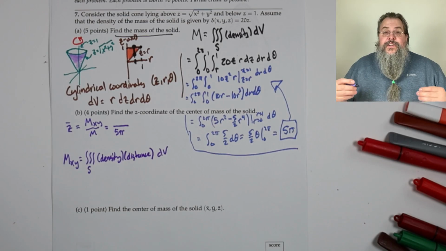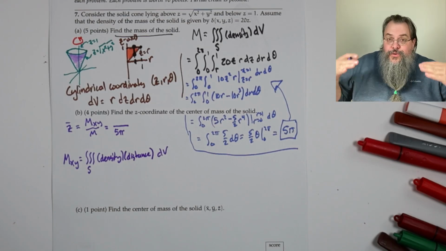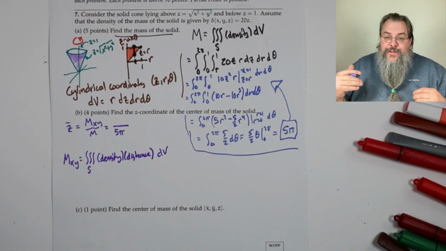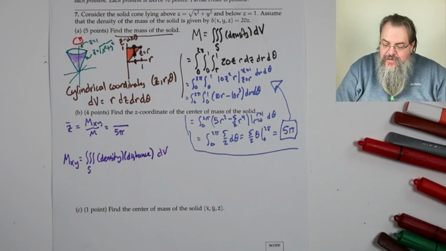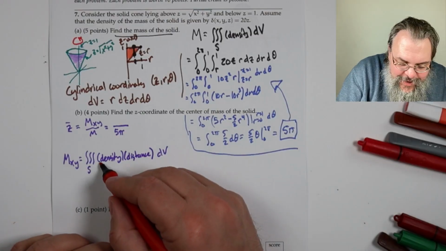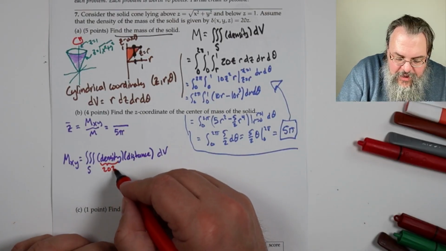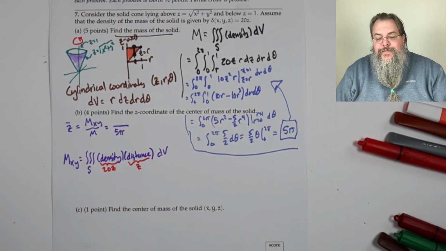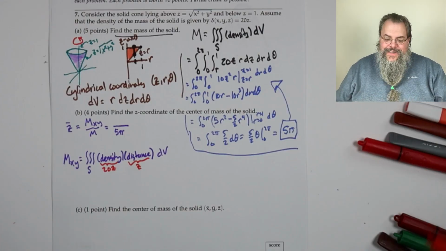So what is the distance? Well, it's the distance to the xy plane. And what is the distance to the xy plane? I can say the right words at the right time. Density is 20z. Distance is z. All right, that's how far you are to the xy plane.